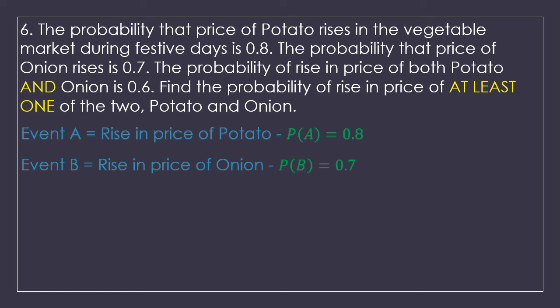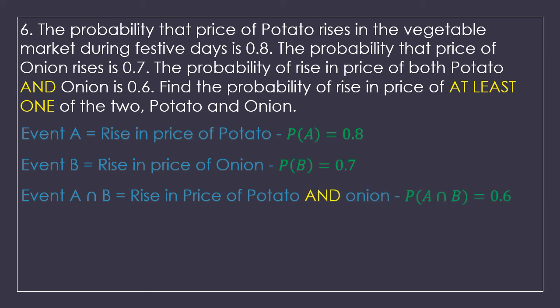So when at least words are used, it means we have to use the union formula. So events A intersection B, because to calculate union we need intersection. Rise in the price of potato and onion is A intersection B, 0.6.